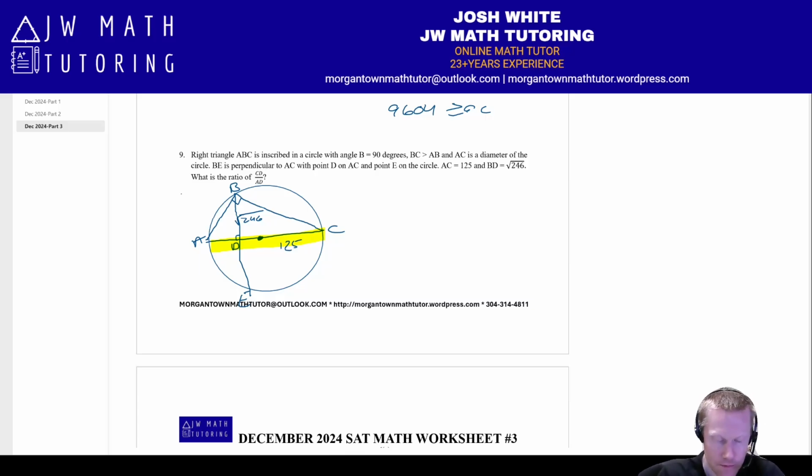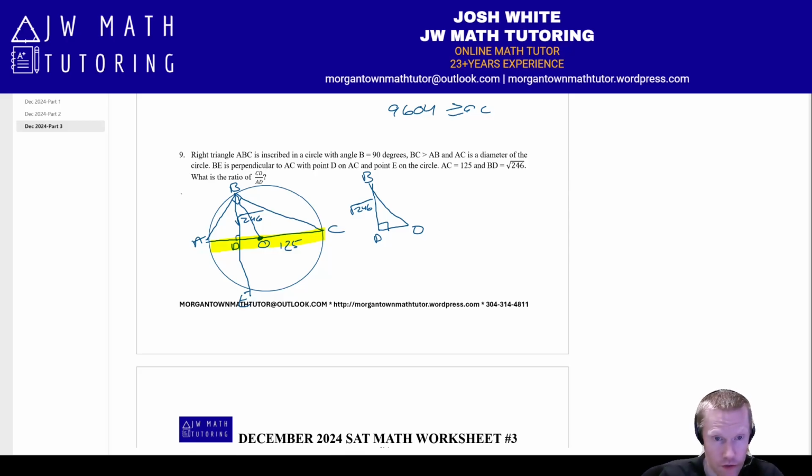So what I'm going to do is draw a line, okay, here from the center of the circle, let's just call it O, up to point B. And you could also do it down here to point E, doesn't matter. Okay, when I do that, what I end up making here is a right triangle, BDO. I know that this side BD is root 246.